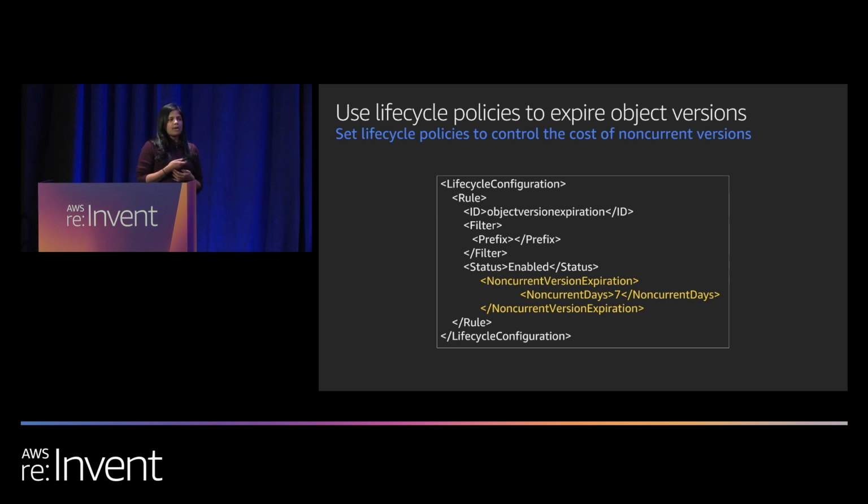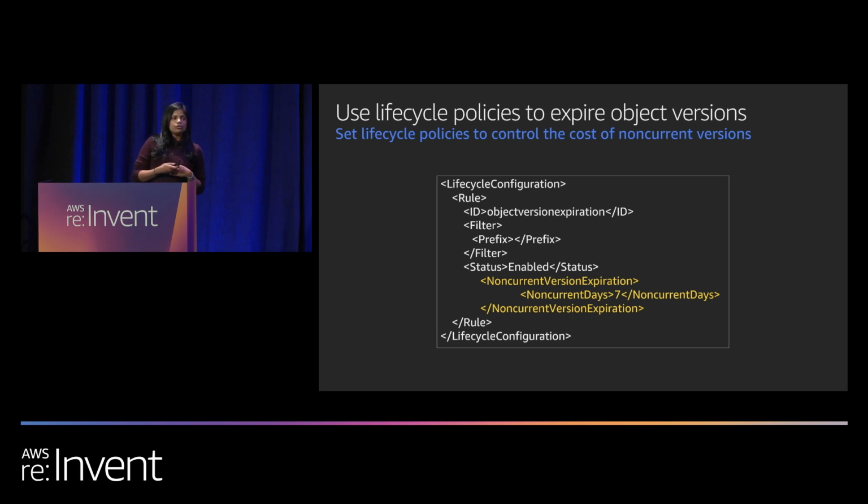In addition to expiring older versions of objects, two best practices are to use the lifecycle policies to clean up incomplete multipart uploads and to clean up expired object delete markers. And you can easily see them in the S3 Management Console when you are configuring your lifecycle policies.